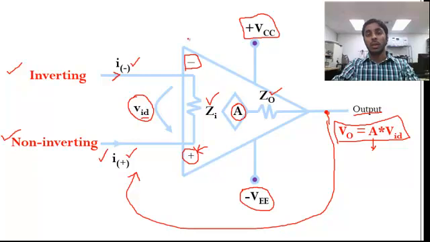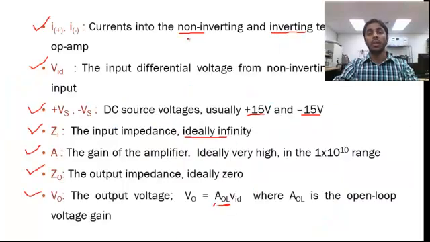But open loop means there is no loop going around from output to input. That's why open loop gain is much higher. And as an amplifier, the op-amp uses only a closed loop configuration.